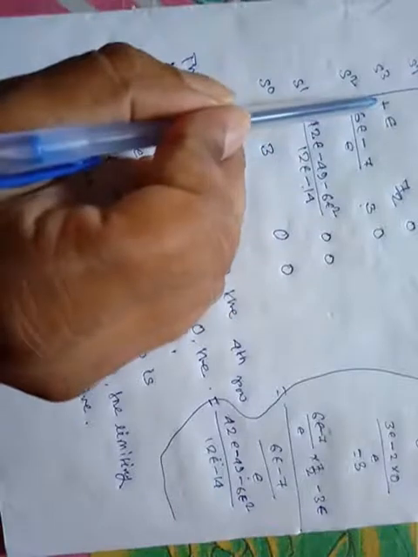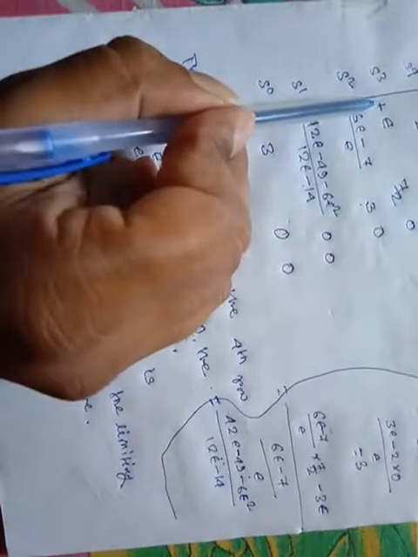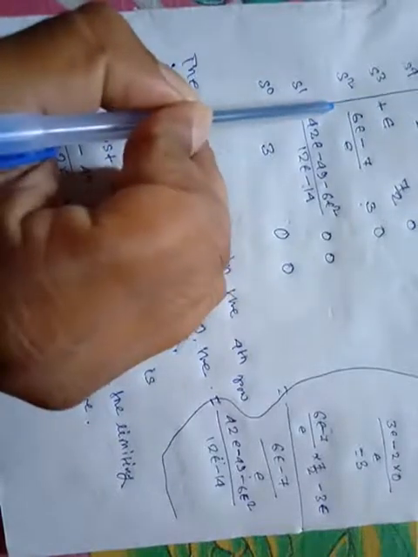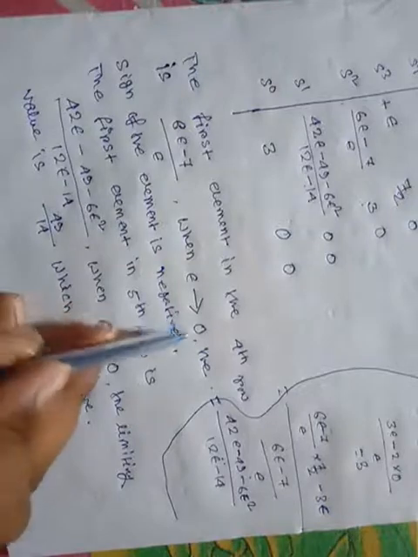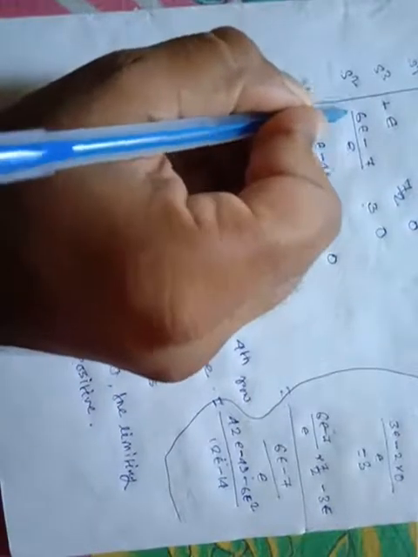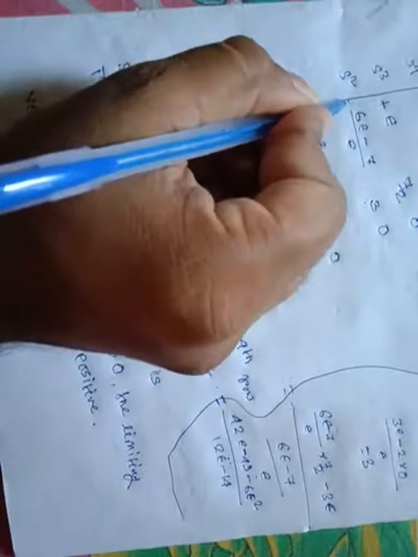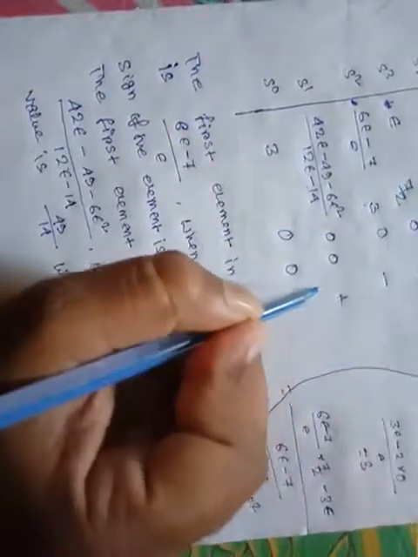Here the first is s to the power 3, its sign is positive, and s to the power 2, its sign is negative. The first element in the fourth row, the output value we get after the calculation, is negative. Then the next is positive.